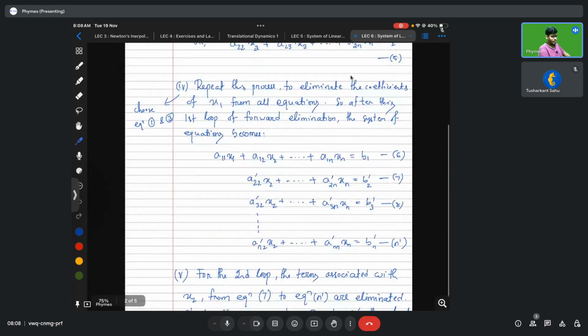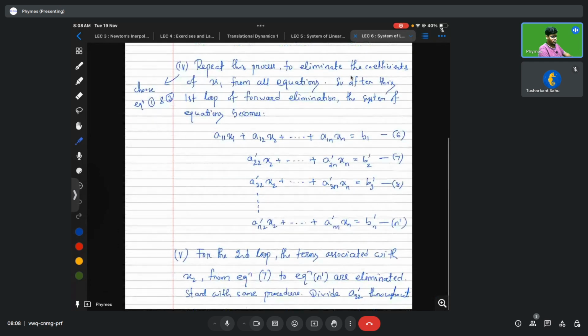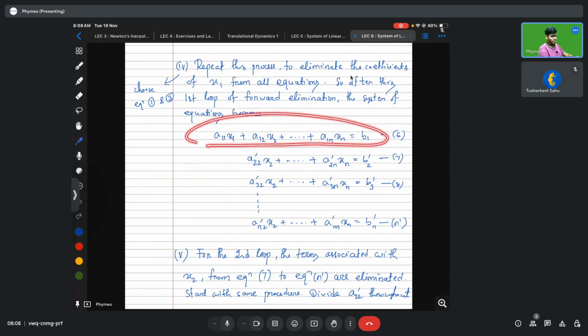And if you repeat this process to eliminate x1 from all other equations, then after this first loop of forward elimination, the system of equations will become like this, right? All these x1 values will be eliminated below this first equation, and all the other values will remain there.